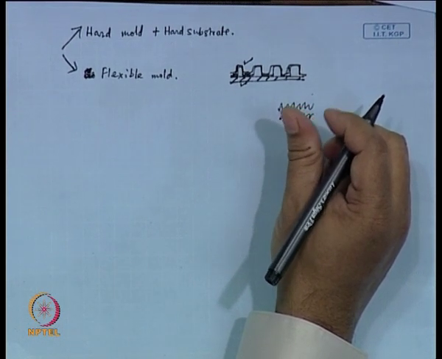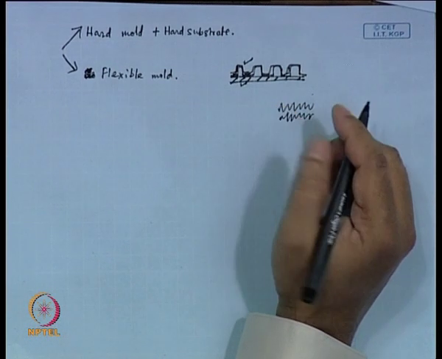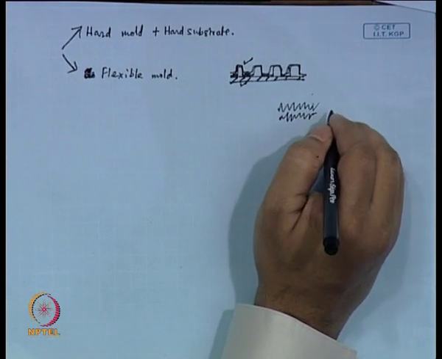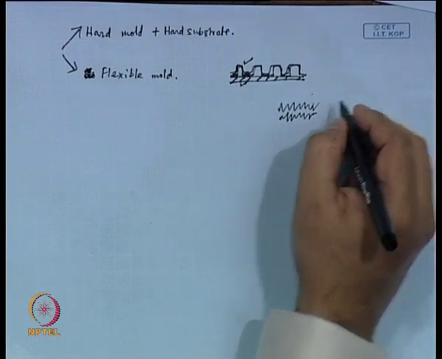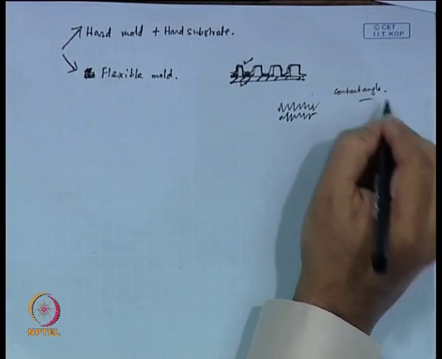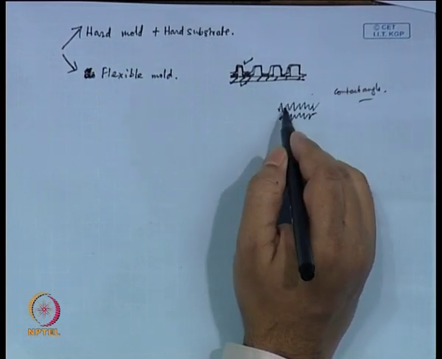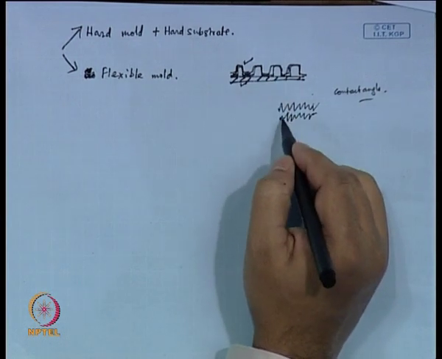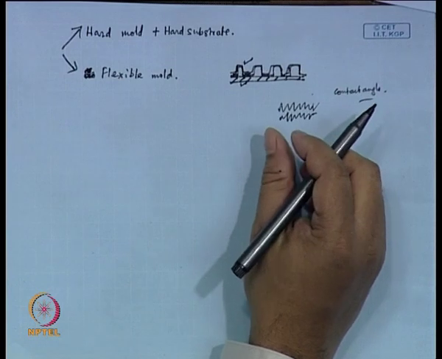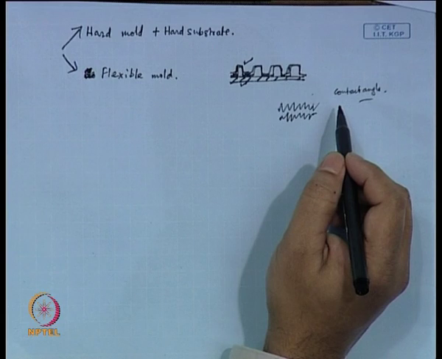So, when you are bringing them in contact with each other, you have to make sure that they are contacting each other. Otherwise, you may not be satisfying all these requirements of contact angle. You are saying, okay, this is the contact angle that you have and you are using it, but if your upper one is like this, the bottom one is like this, and they are not contacting each other, and then you have the liquid, and your calculation is based on that, then there could be trouble.